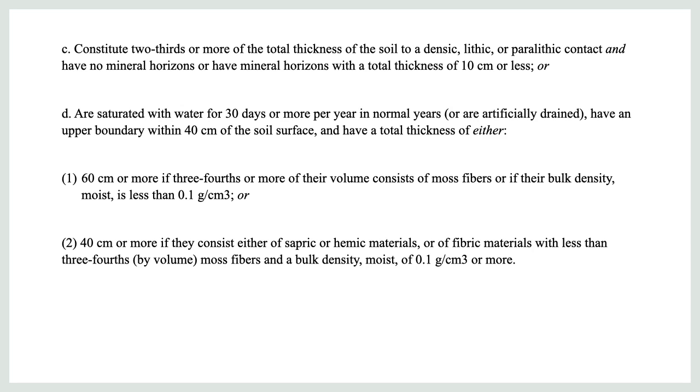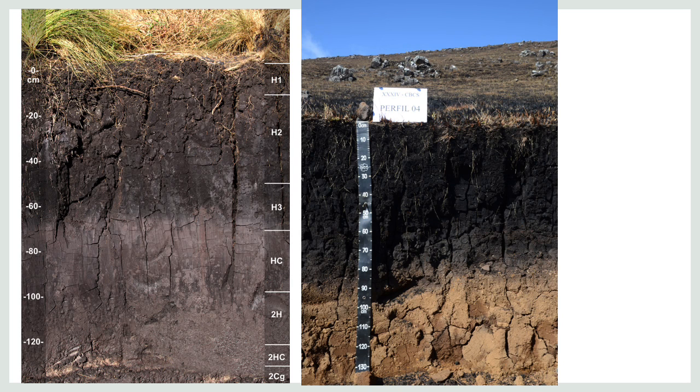If the stage of weathering, of decomposition of this organic material is higher, then 40 centimeters is enough. 40 centimeters or more than this, and I can call that soil a histosol. Okay, so you can see here some pictures.